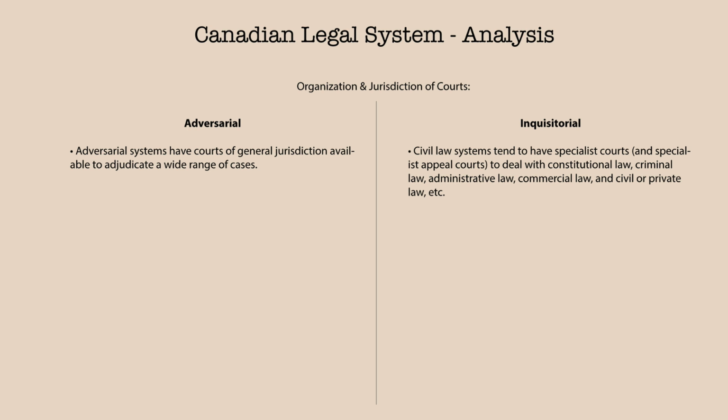Now, here is pretty much where it becomes very clear that in Canada, the hallmark of our legal system in this respect leans towards the inquisitorial system, because we have special courts. We have multiple levels of courts.